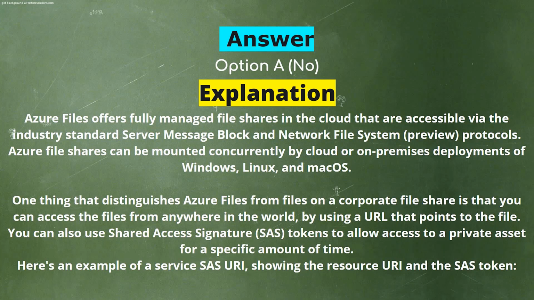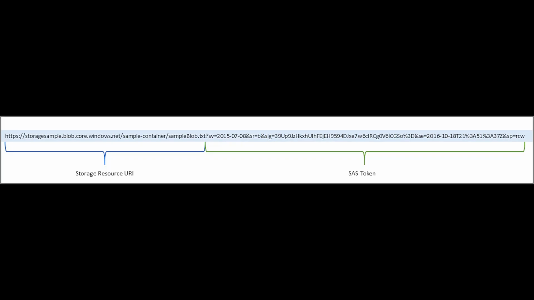One thing that distinguishes Azure Files from files on a corporate file share is that you can access the files from anywhere in the world by using a URL that points to the file. You can also use shared access signature tokens to allow access to a private asset for a specific amount of time. Here's an example of a service SAS URI showing the resource URI and the SAS token.